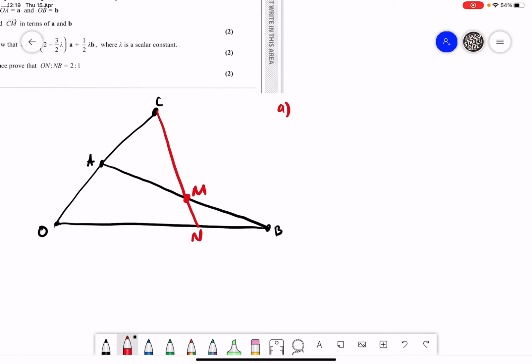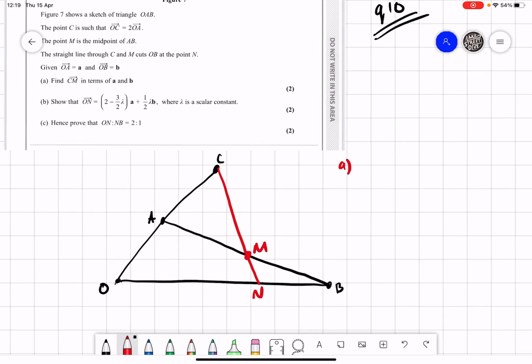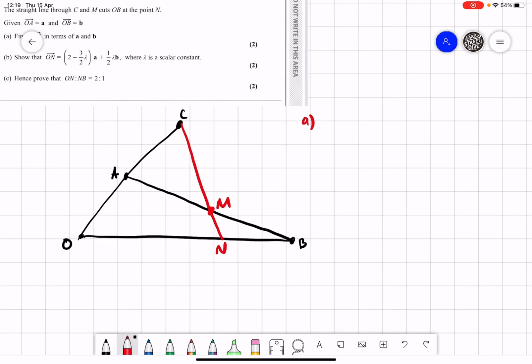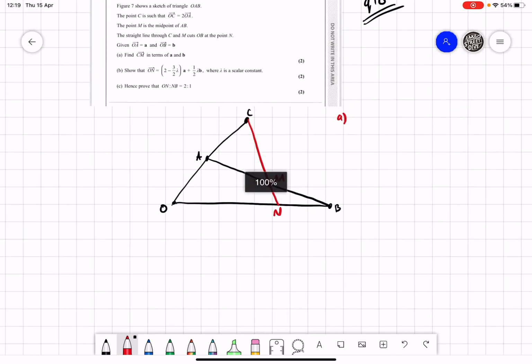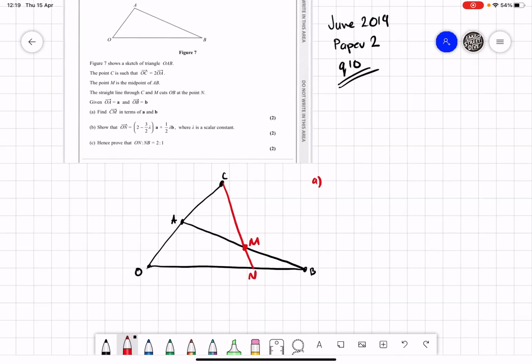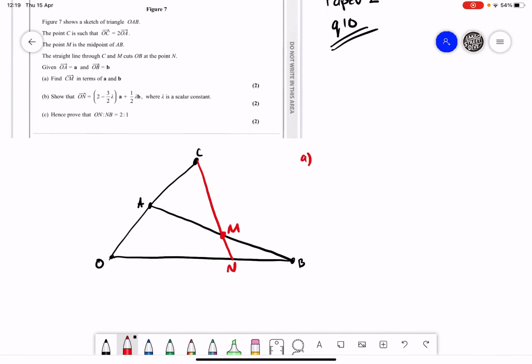So I know that I'm trying to find, from the question, CM. And CM is equal to CO, or from, minus OC, and minus A. So CA is what I mean here.